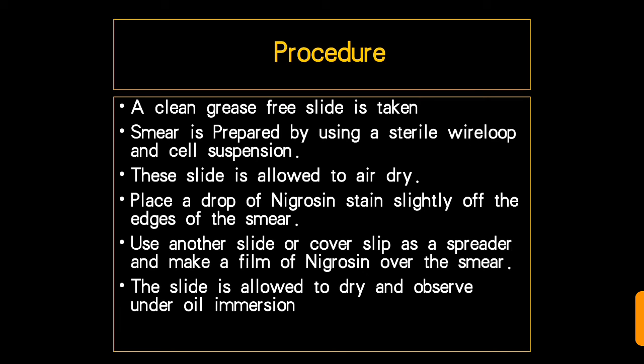We place a drop of stain on the edge of the smear and spread that stain onto the smear so that the smear gets covered with nigrosin or whichever stain is used, and we directly dry that slide and observe it under the microscope. This is the difference between monochrome or other staining techniques and the negative staining technique.